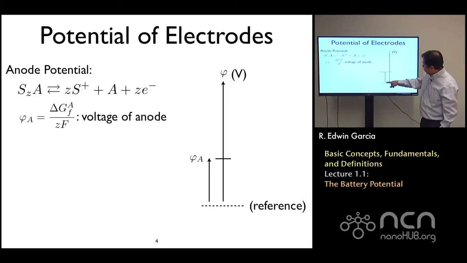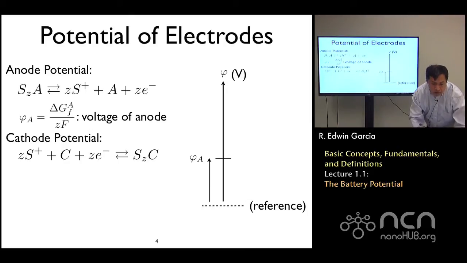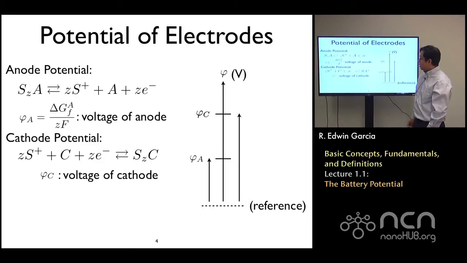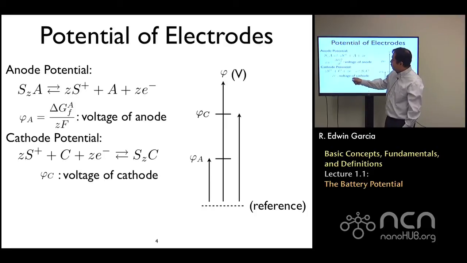That corresponds to a voltage with respect to that reference. Similarly for the cathode, we also have its own reaction. That reaction will have an associated free energy very similar to the one we had before.